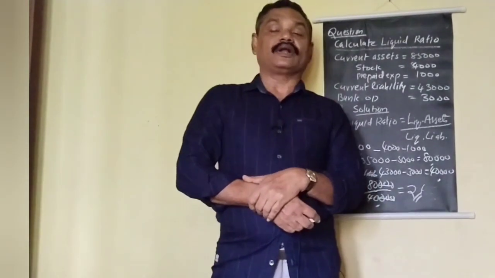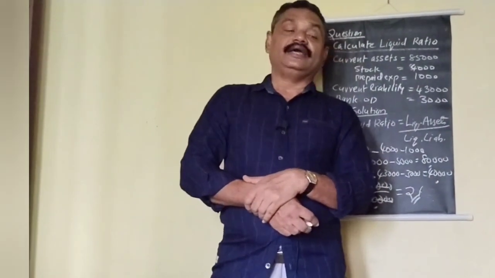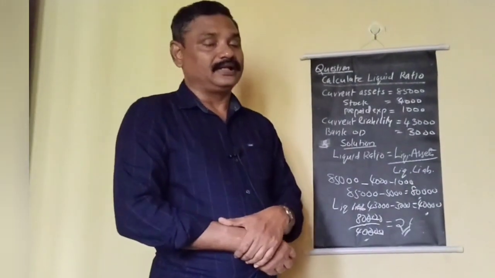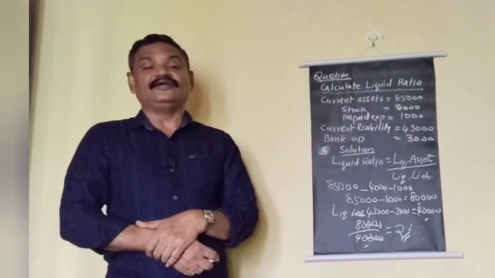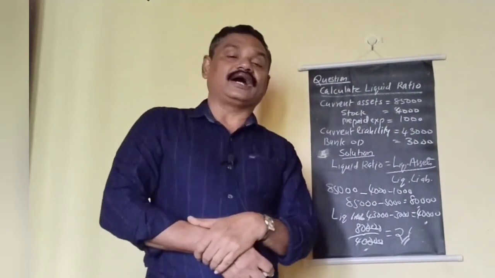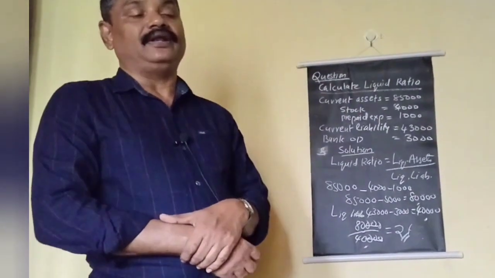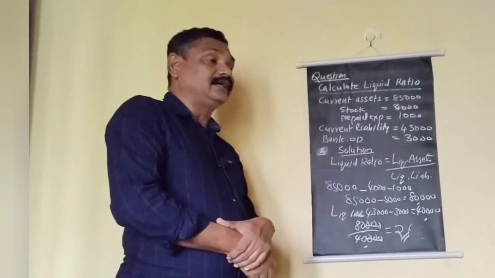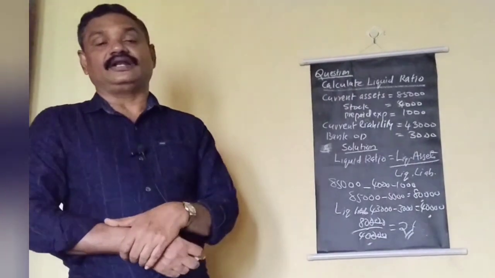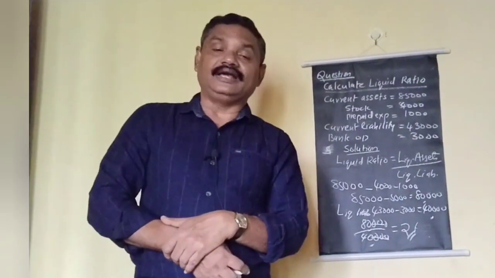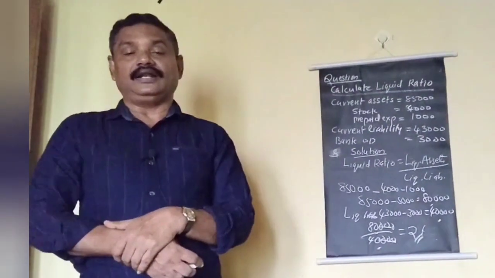Next, we have to understand something about working capital. What do you mean by working capital? In accounting language, working capital is the difference between current assets and current liabilities. Taking the difference between current assets and current liabilities, we will get working capital.